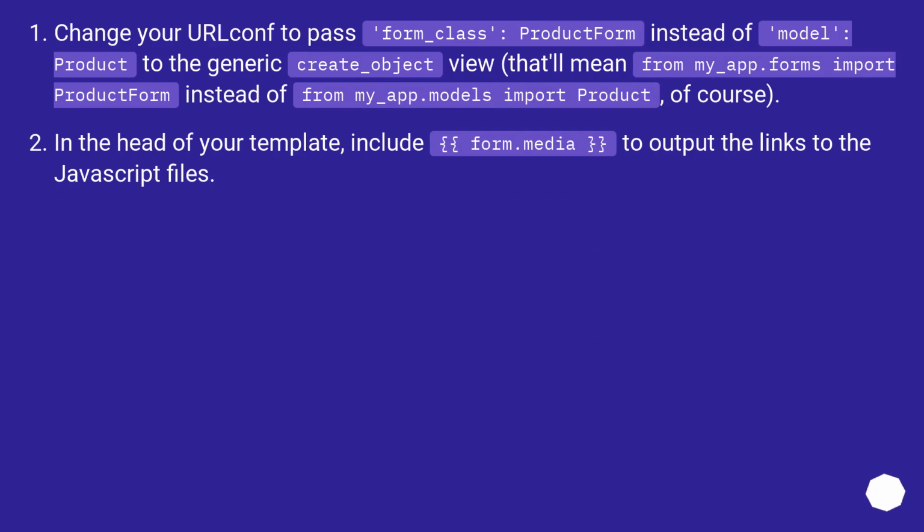Change your URL-conf to pass form_class ProductForm instead of model Product to the generic create_object view. That'll mean from my_app.forms import ProductForm instead of from my_app.models import Product, of course.